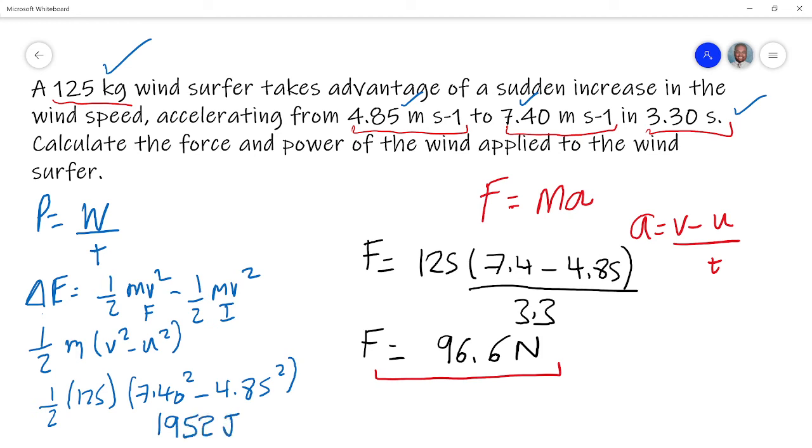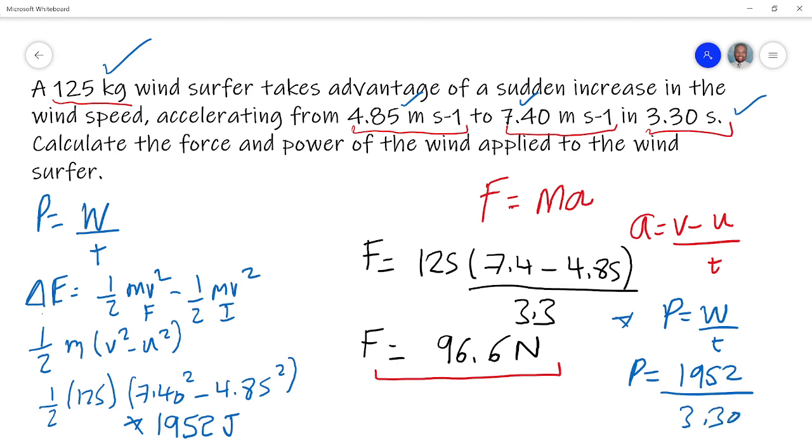1952 joules. Now, that's not my answer, because what we have got is work. We now need to get power, and to obtain power, we need to divide 1952 over the time. So I'll put an asterisk here just to show you where we proceed from. So power is work over time, and P becomes 1952 divided by 3.3 seconds.